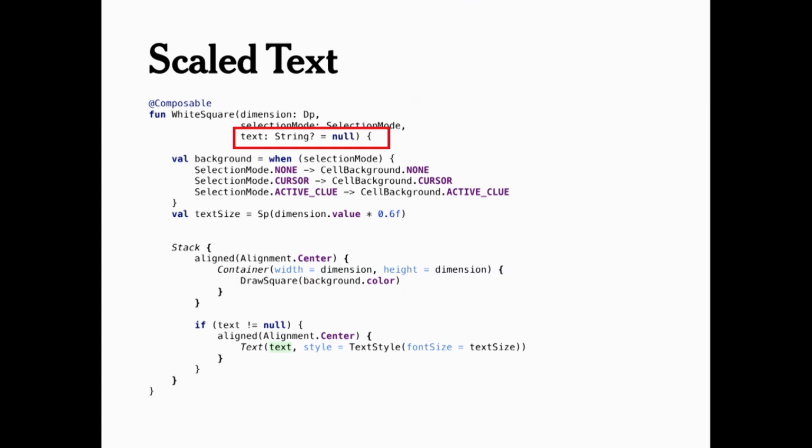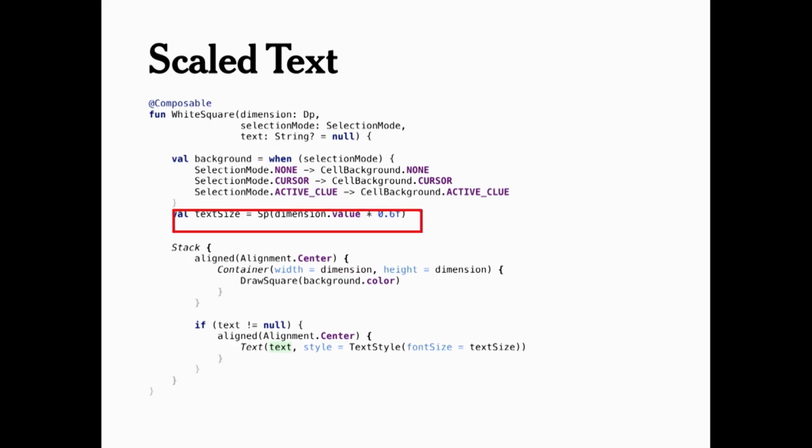And it can be null in the case we don't have any text to render right now. I'm then going to take the dimension of the square, so the width and the height, and I'm going to come up with a scaled pixel font size for that. That's just 60% of the size of the box. So we'll define our text size.